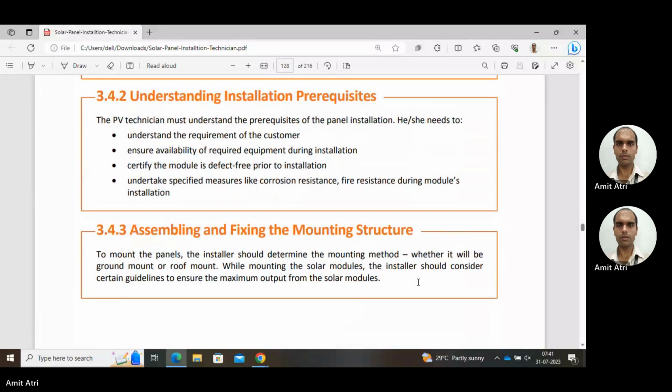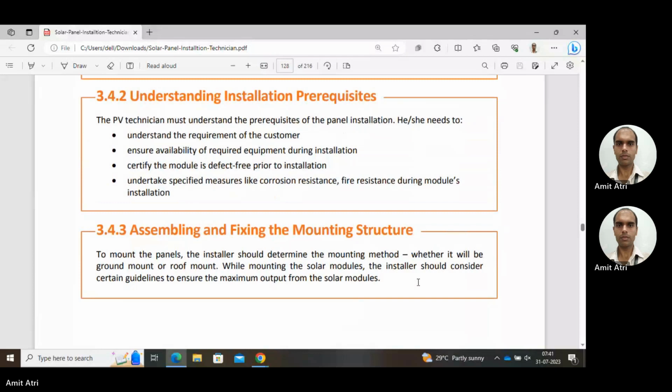First, he needs to understand the requirement of the customer. Requirement of the customer means the load requirement, load analysis, how much energy will be consumed, which type, how to use it. Then next is ensure availability of required equipment during installation.